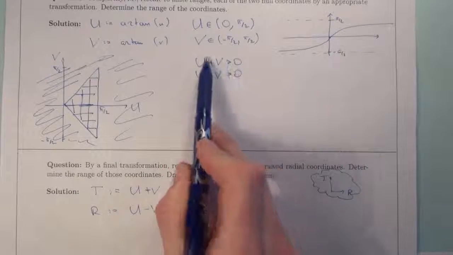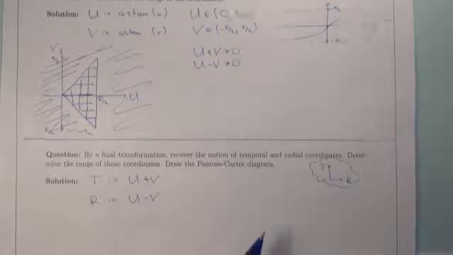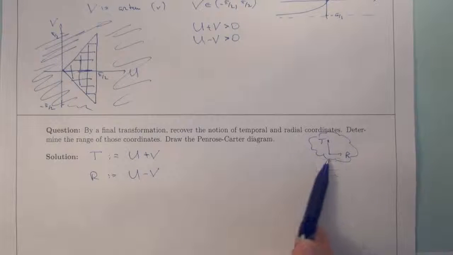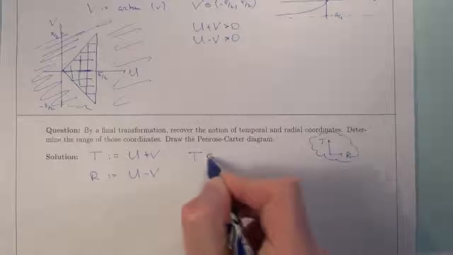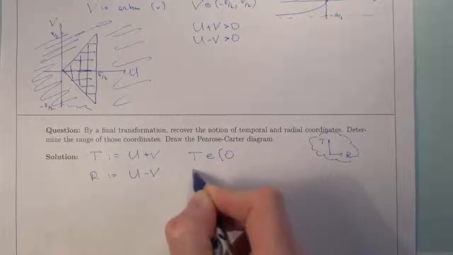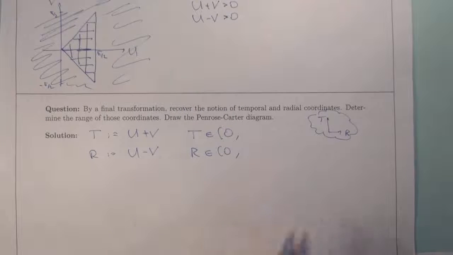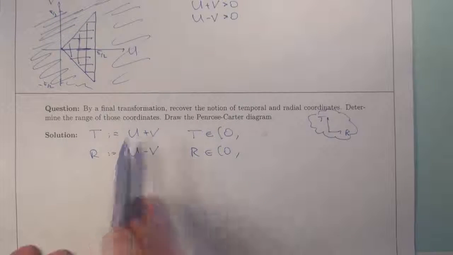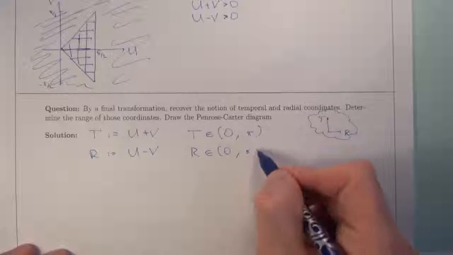What we immediately see because of these conditions is that they both are larger than 0, which is good, because we want this to be some radial and some temporal coordinate. So we can write t starts at 0 and r also starts at 0, and in principle they can go up to pi, both of them.